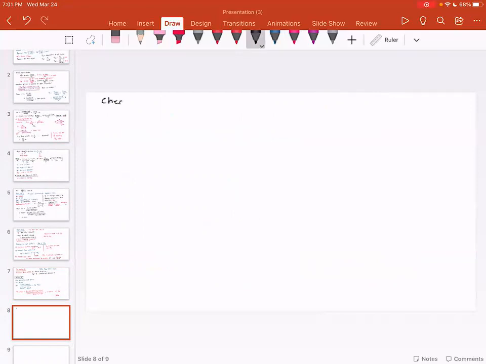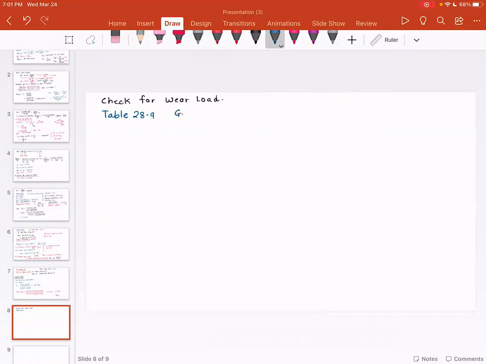So check for wear load. And again, we have to go back to chapter 28, but now I want you to refer to table 28.9.